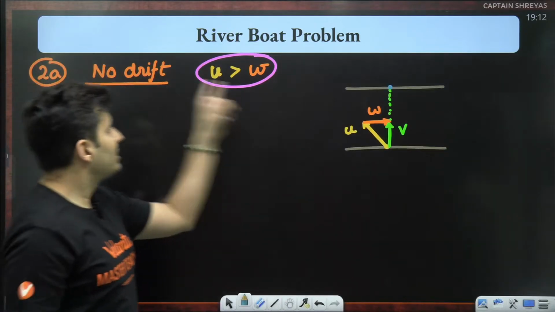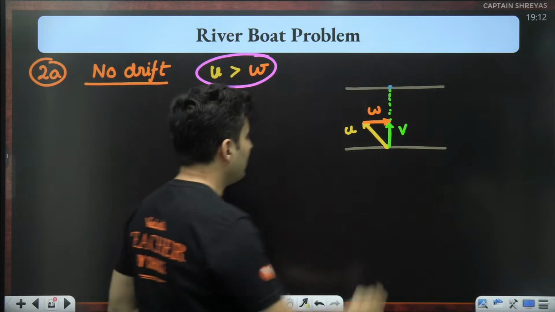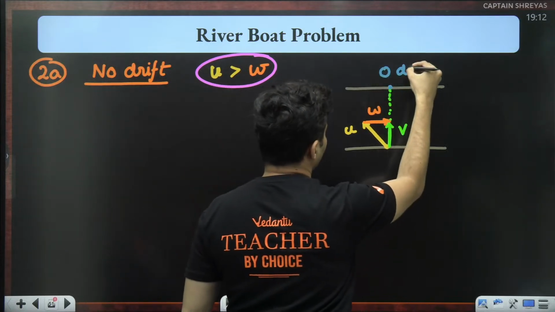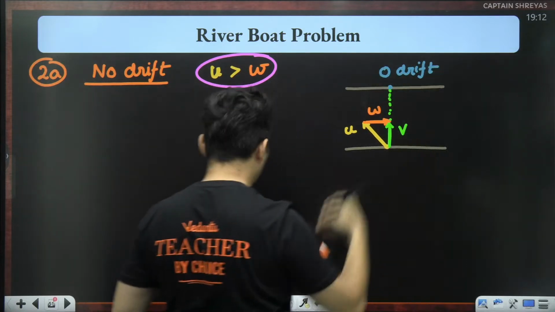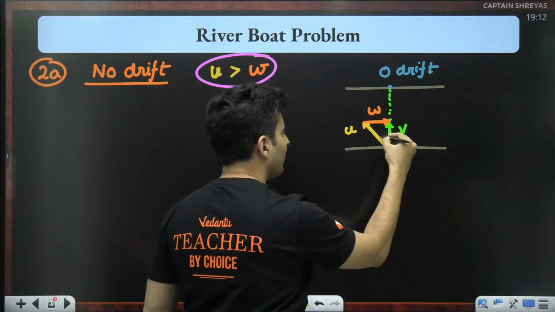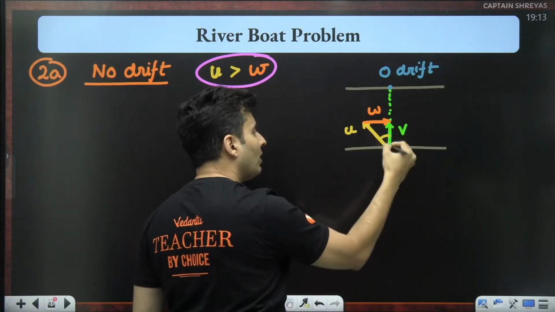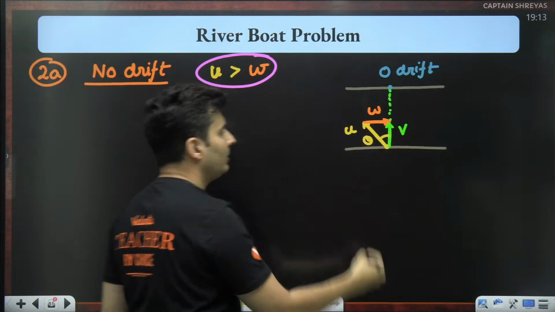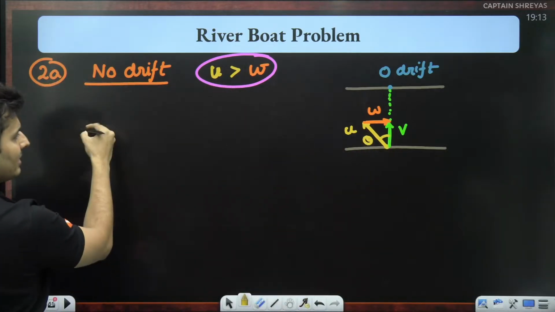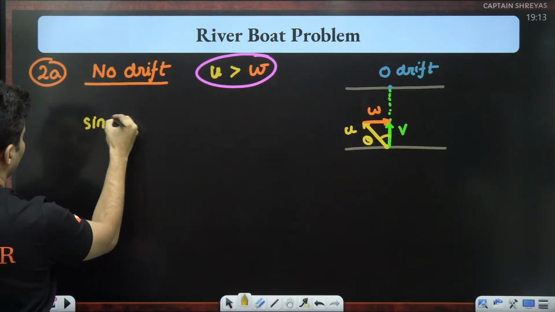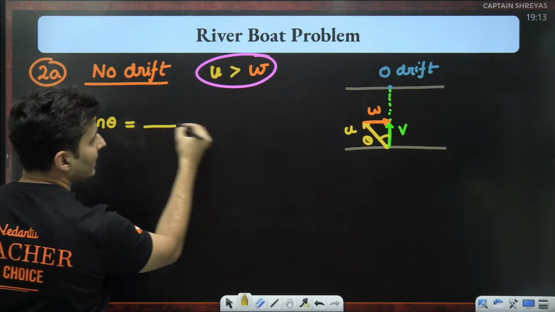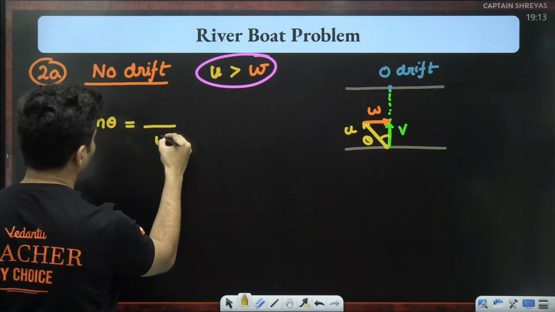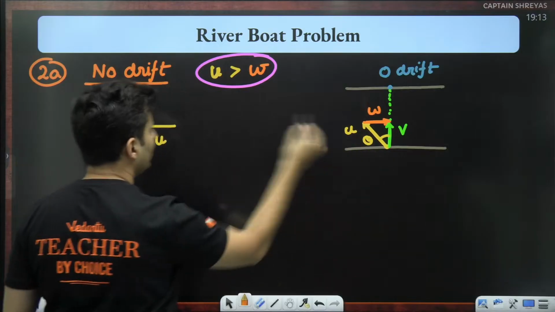So when you want zero drift, no drift at all, it's very obvious that your swimming velocity will make some angle theta, and you can clearly see that sine of theta will be opposite side by hypotenuse, so opposite side being w.